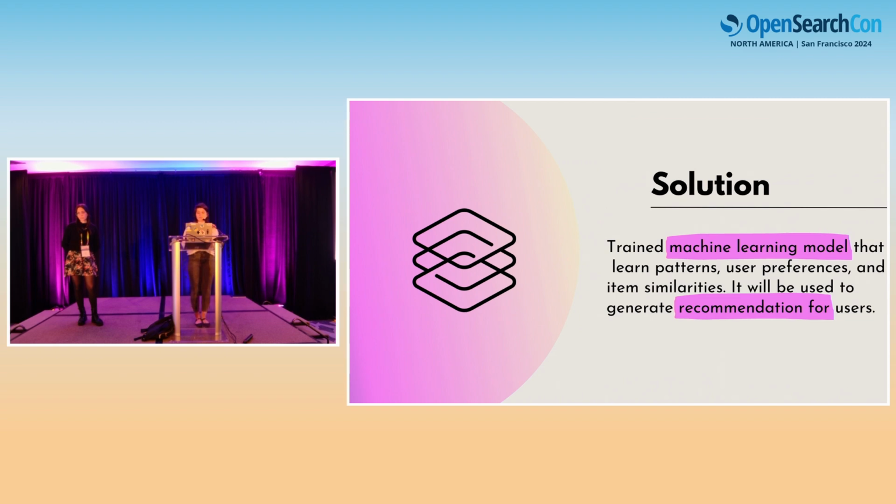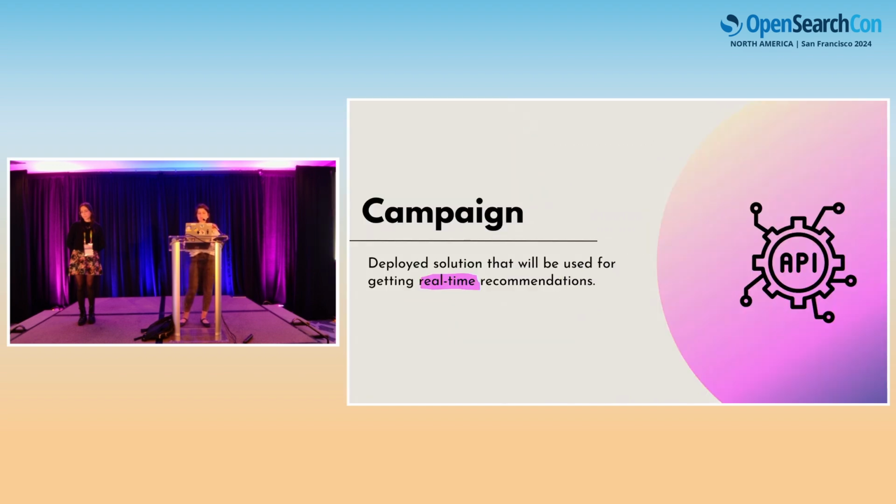But since this solution contains all the information, we also want a good way to deploy it in an optimized manner. That's why we have a campaign. Basically, a campaign is a deployed solution that will be used for getting real-time recommendations. In our case, it's also cost-effective because you pay for what you use.